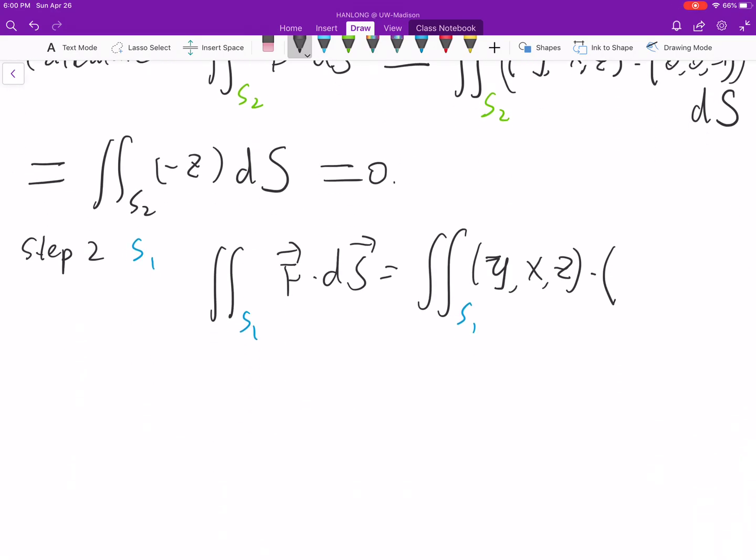We need to compute a little bit, but I will omit that here. It's gamma x cross gamma y, which we already computed before. This is negative gx, negative gy, 1.